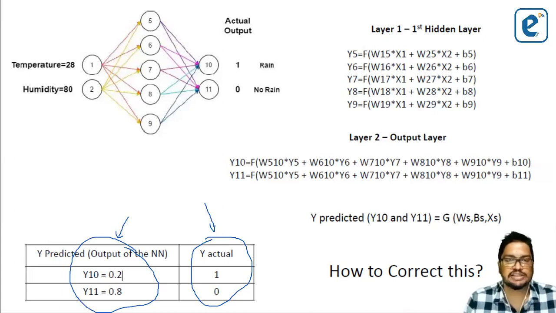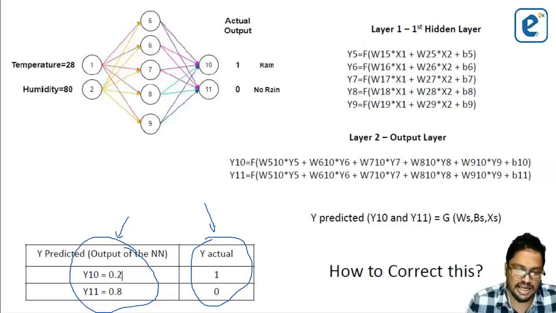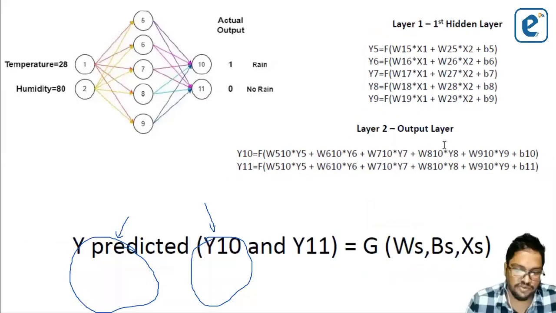Last time we discussed. We need to change y10 and y11 and make them closer to the y actual. So what are we going to do? Yes, change the weights and biases. That's the only method of doing this.